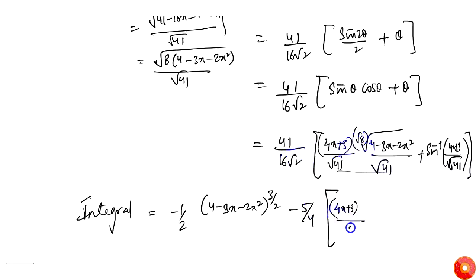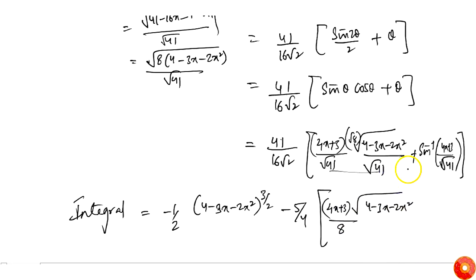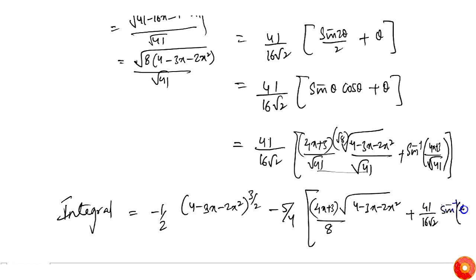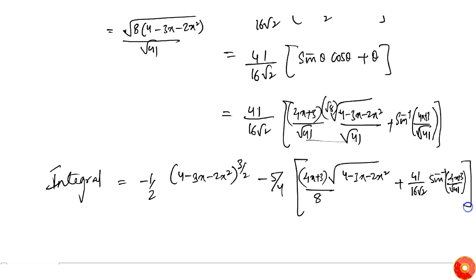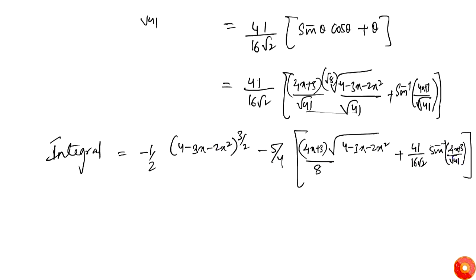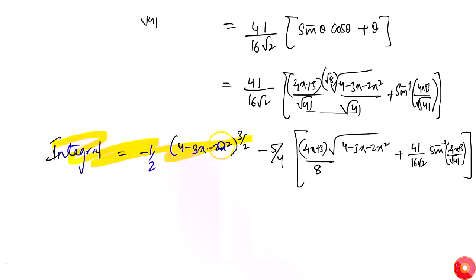So 4x plus 3 by 8 into square root of 4 minus 3x minus 2x square, plus 41 by 16 root 2 sin inverse of 4x plus 3 by root 41. So this is the final answer. This whole thing is the final answer.